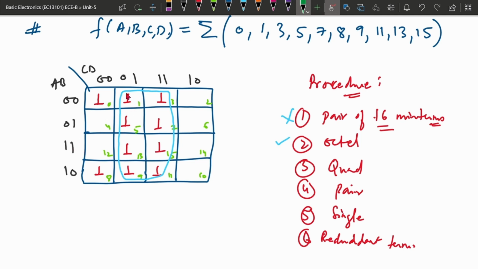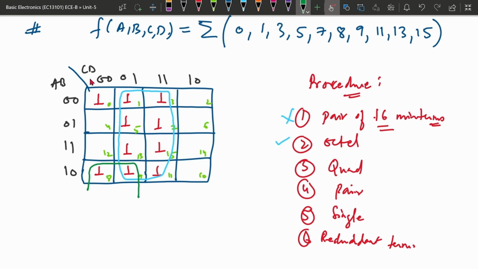If with the help of any of the minterms we are able to make the quad, we will consider it. But inside this octet we will not consider another quad, because these minterms have already been considered. But now we can see this one, 1 1 and this is 1 1. So there are 1 1 and 1 1. Okay, we can make a quad like that also.